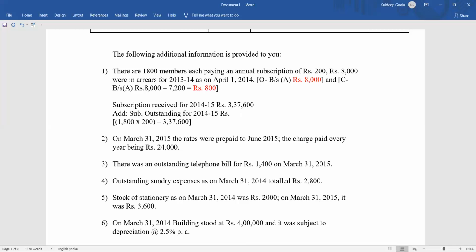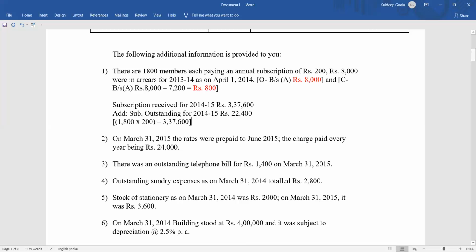So this will show how much is outstanding. 1,800 into 200 is 3,60,000, isn't it? So 3,60,000 minus 3,37,600. What is the outstanding? It is 22,400 rupees. So this 22,400 rupees is the outstanding for the current year.